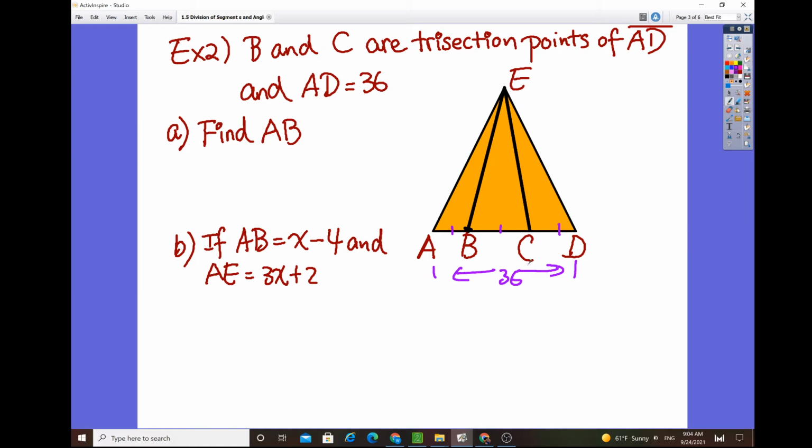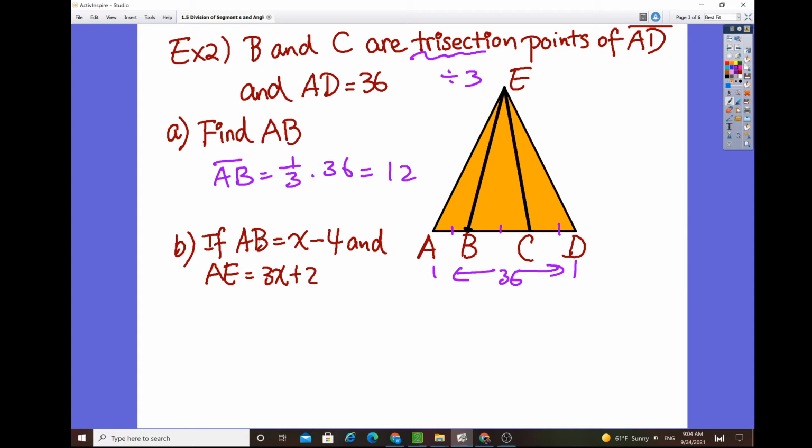To get AB, we just need to divide it by 3. So AB is 1/3 times 36. Again, trisects means you want to divide it by 3. So 1/3 times 36 is 12, which means segment AB is 12 units.